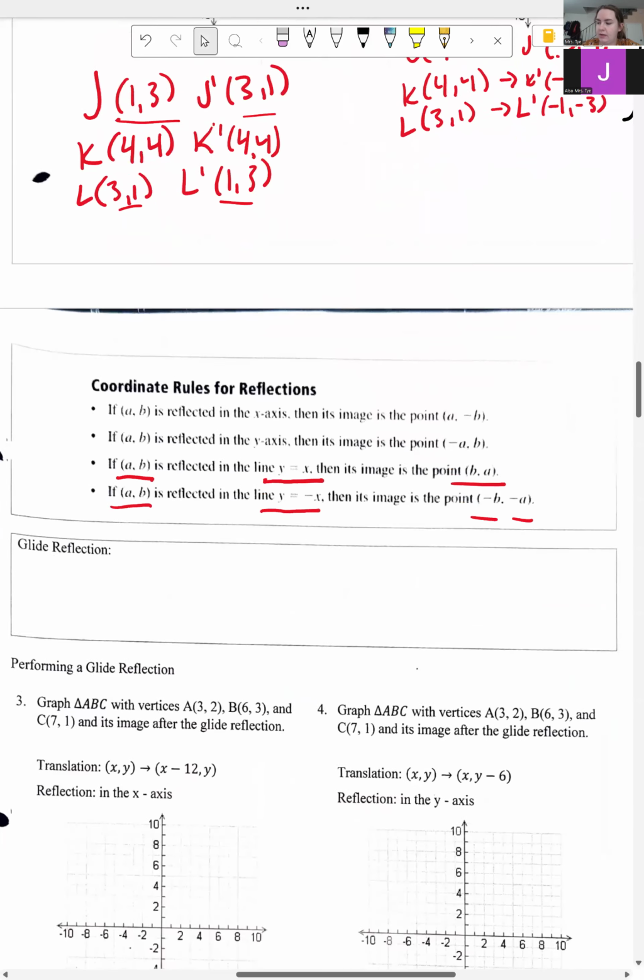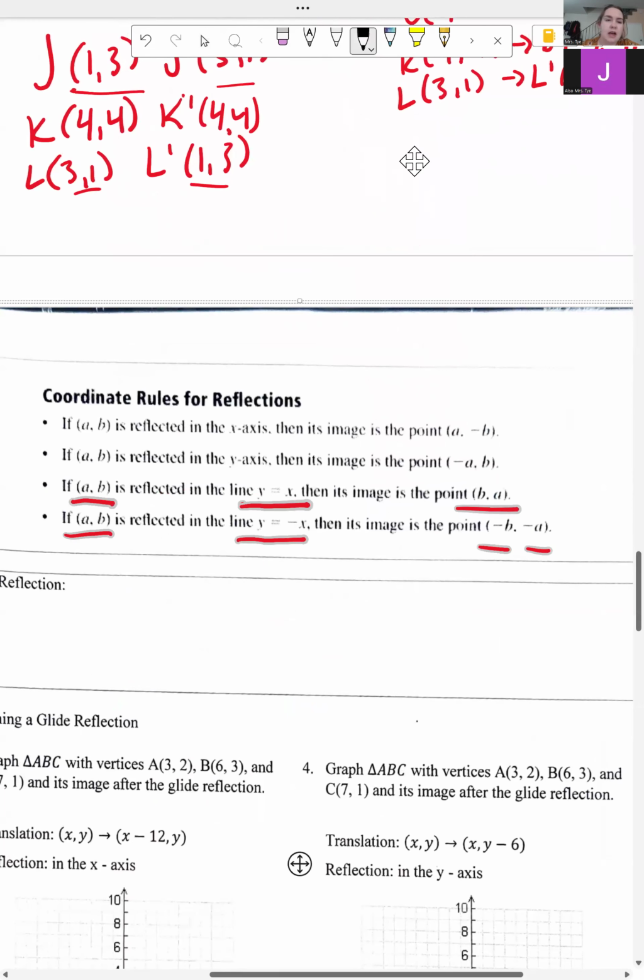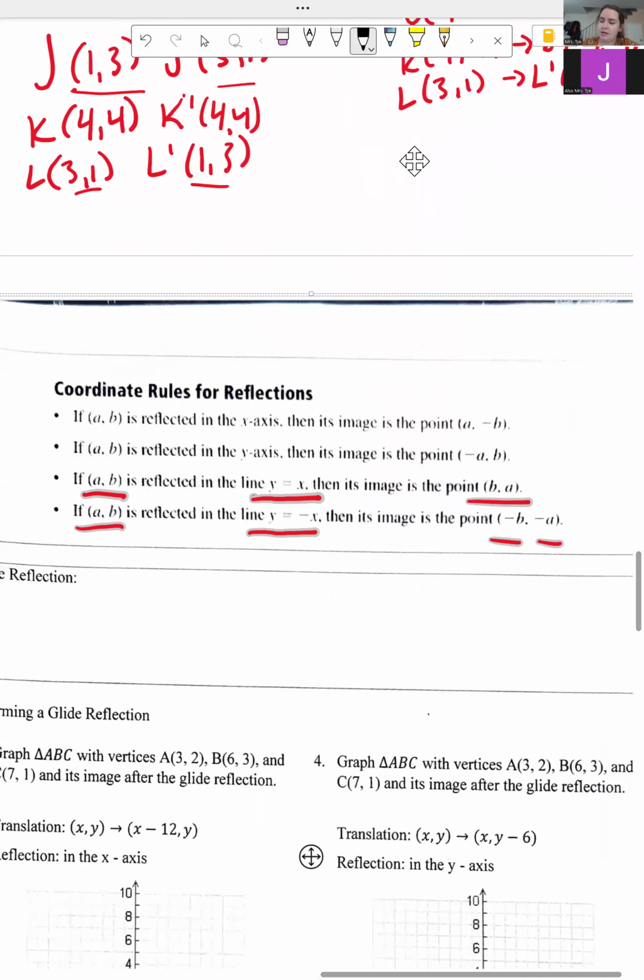So look at the other two. We did the x-axis already. That one was easier to just see visually. But notice that if we are reflecting over the x-axis, then the new point is a comma negative b. So they don't swap places. The y value is what's becoming negative.